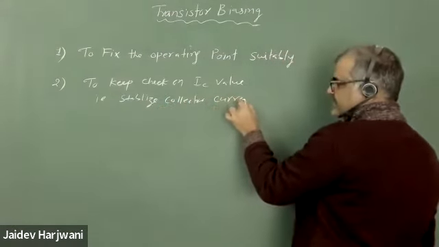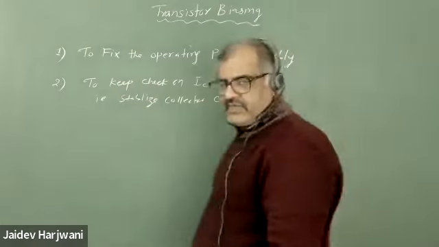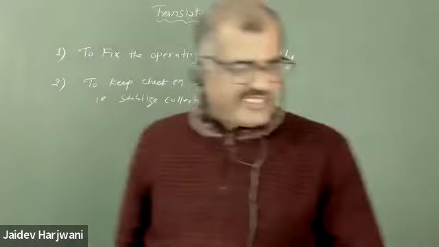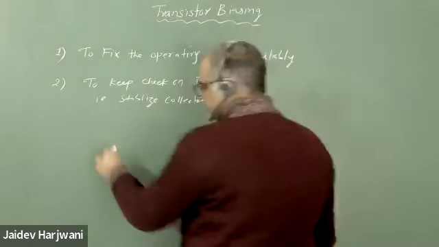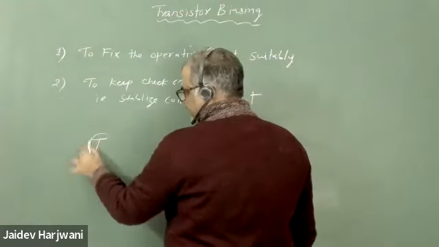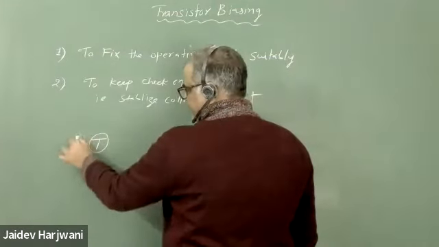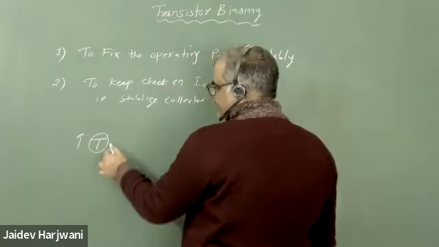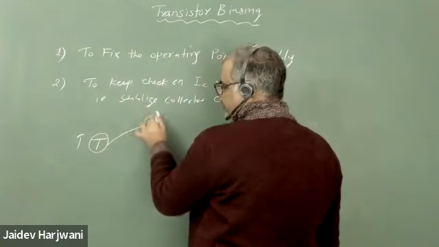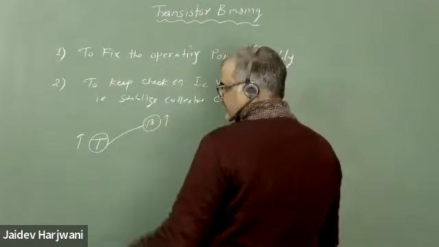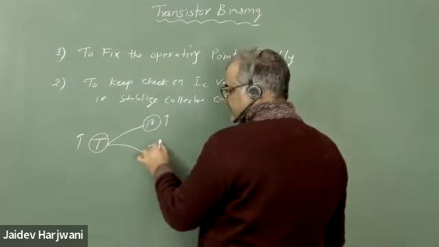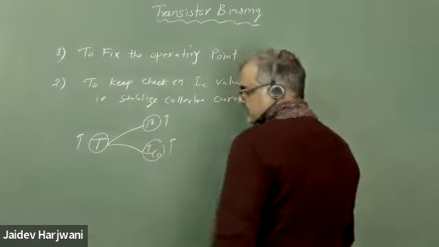So if there is an increase of temperature, your IC will change. Why will IC change? When I discussed the IV characteristics of a diode, I told you that if I increase the temperature, the first thing is that your beta increases. Beta is a function of temperature. Similarly, your ICO, the reverse saturation current, also goes up.